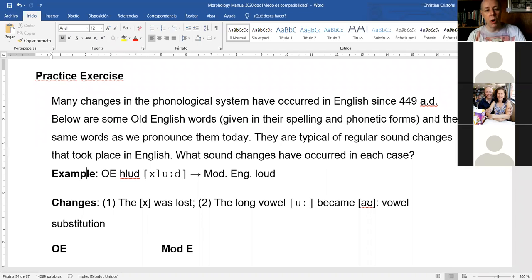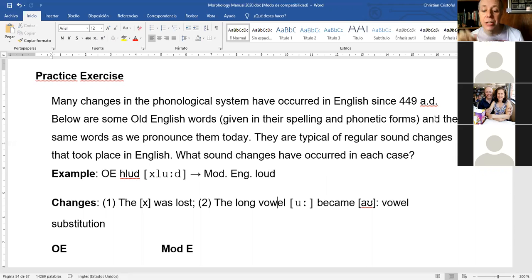Example, in Old English, so OE stands for Old English, the word was chlut, like this. In modern English, the word is loud. So before chlut, now loud. What changes have occurred?